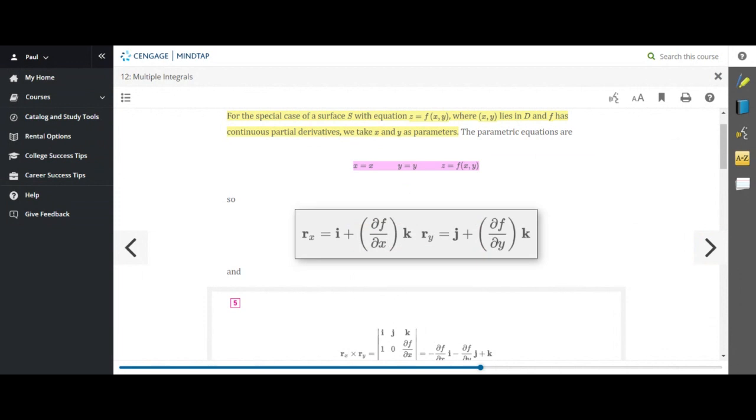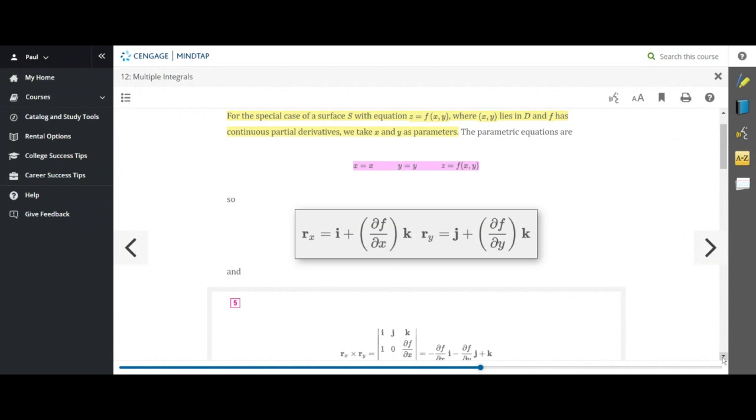When we look at these highlighted formulas, we're looking at those parametric equations in pink there. Those are now your two derivative vectors.